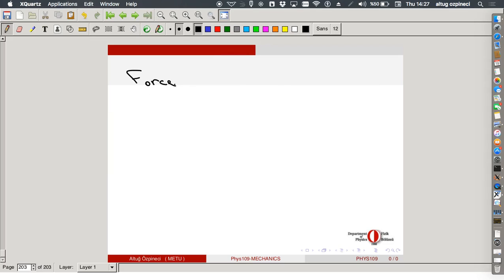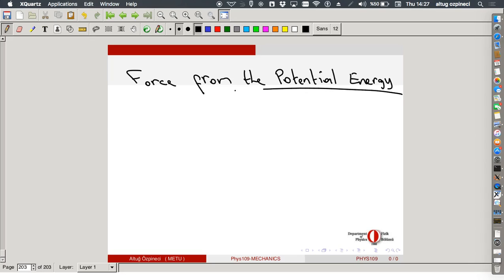How can we relate the force and the potential energy? Now, we had already been studying systems using the force, accelerations, etc., and there we had to deal with the directions of the vectors. Now we have this nice thing, the potential energy, which was just a number.